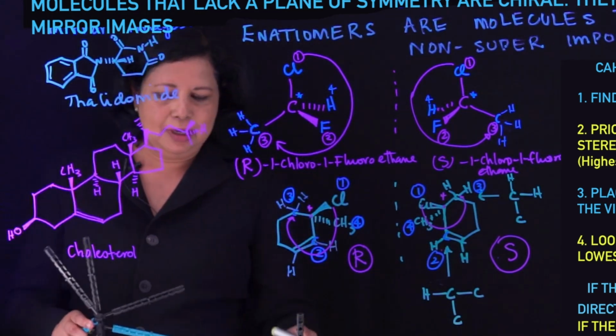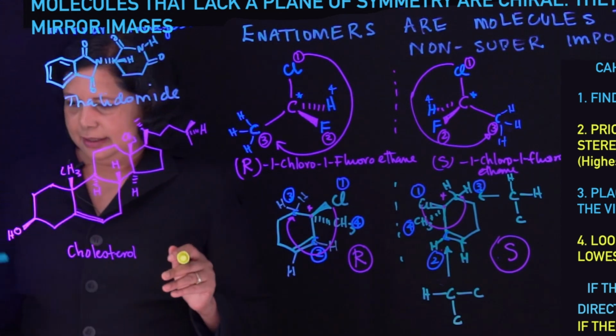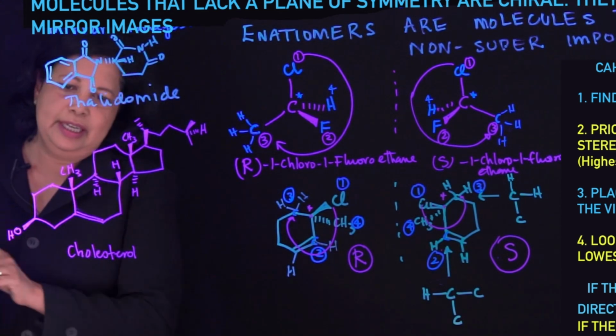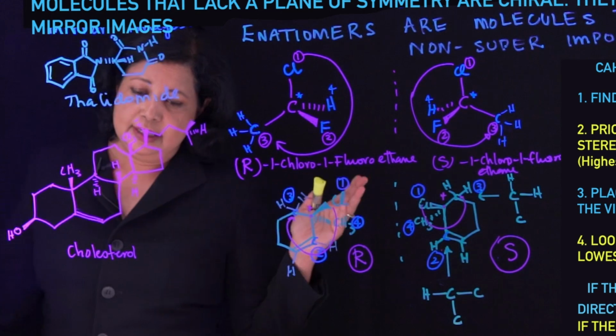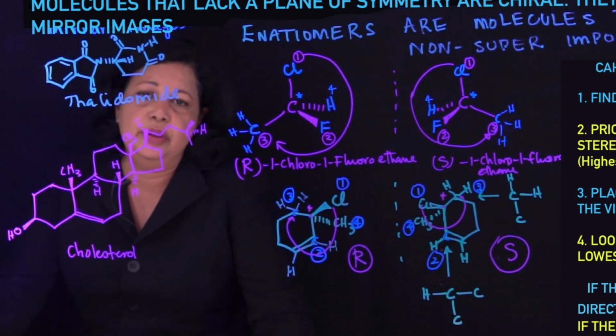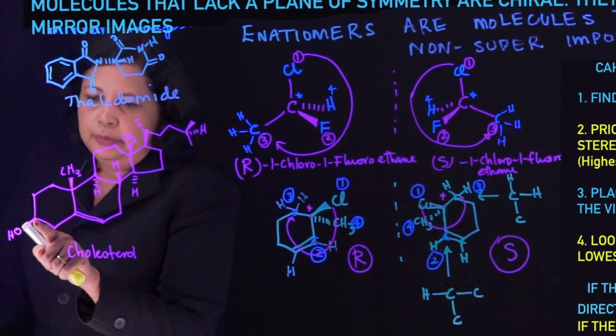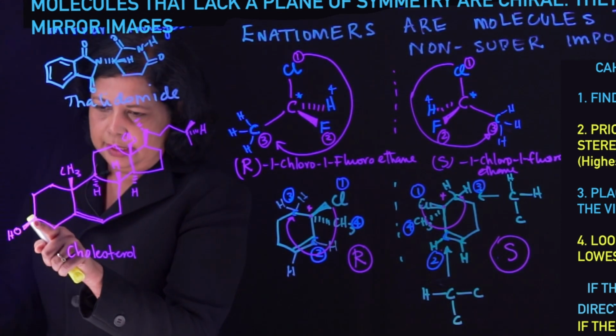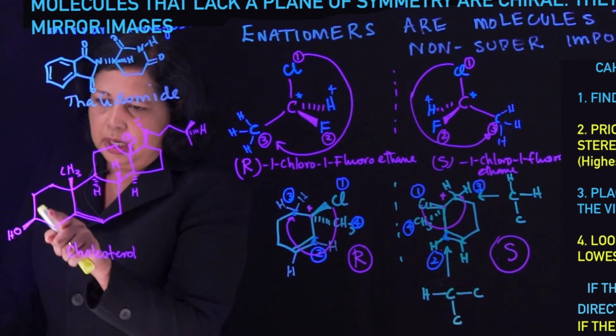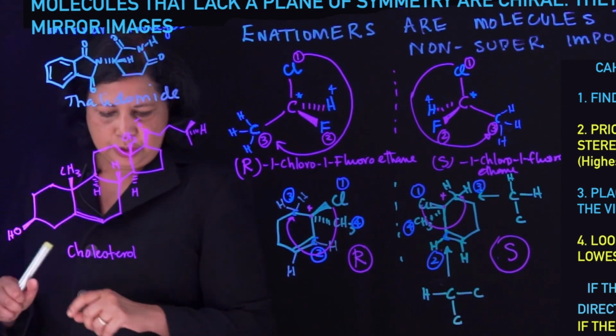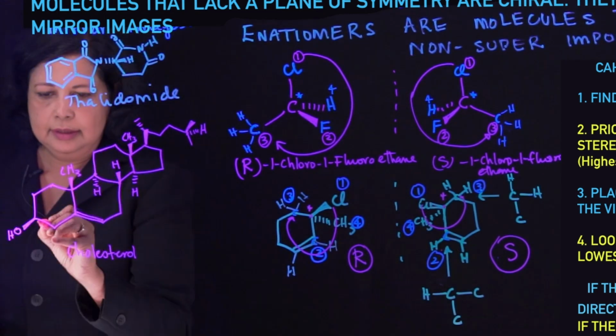This molecule is enough to turn anybody's head around. So let's do it just like you would do any other problem, one at a time. Over here we have a carbon that's got 2 carbons attached to it, a hydrogen and a hydroxyl.